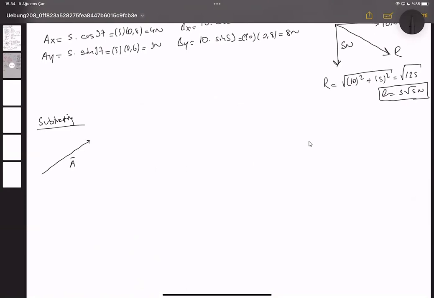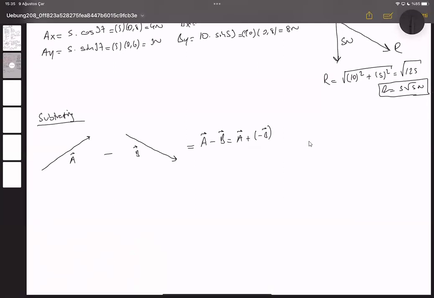for example, we have the same set of a and b vectors, but now we will find the difference between these vectors. We can do it in this mathematical way. a minus b equals a plus minus b.